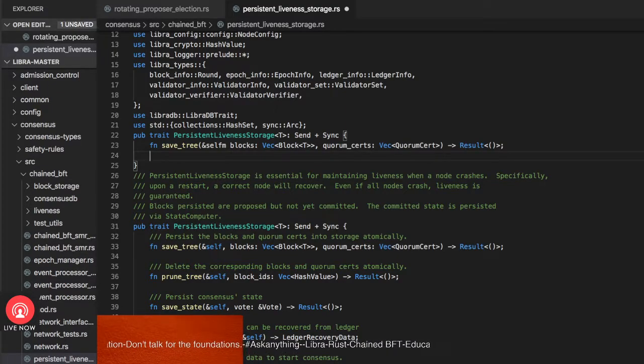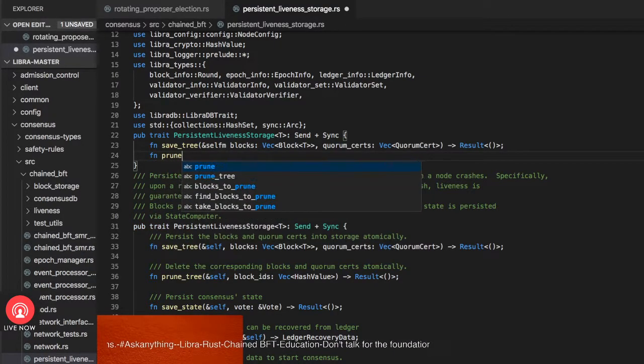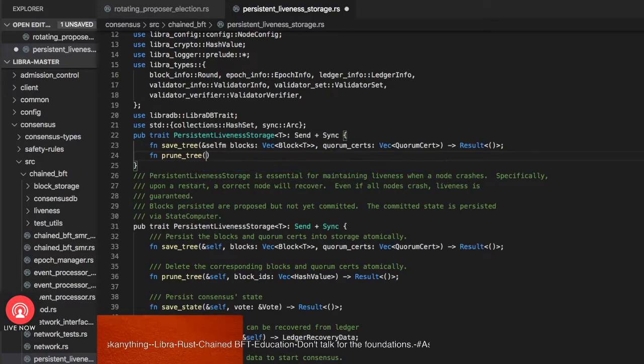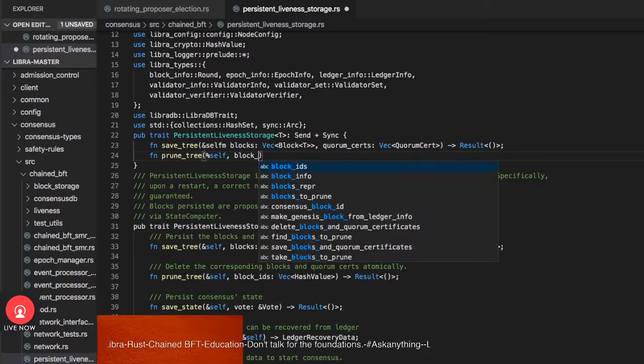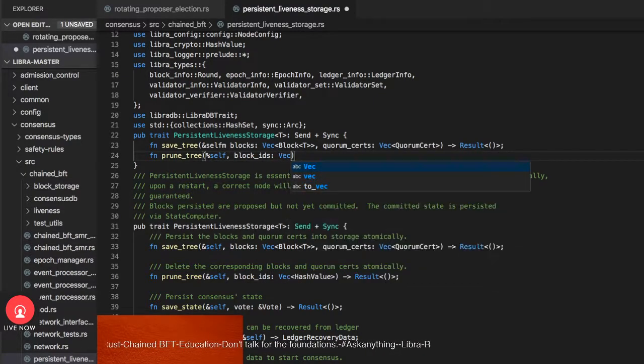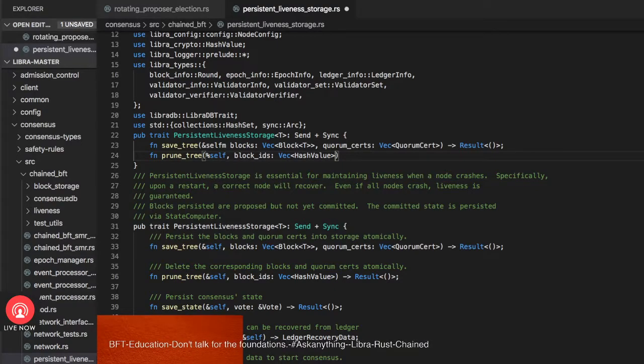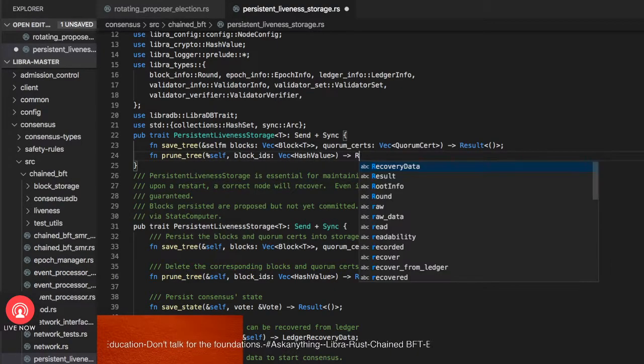So these help for a better management of the network. You need to prune this tree to have the cell condition, have the block ID and the vector of the hash value. So this needs to be a result.